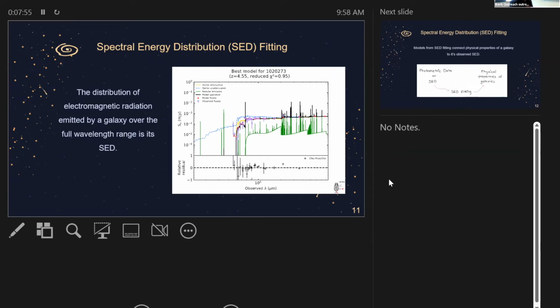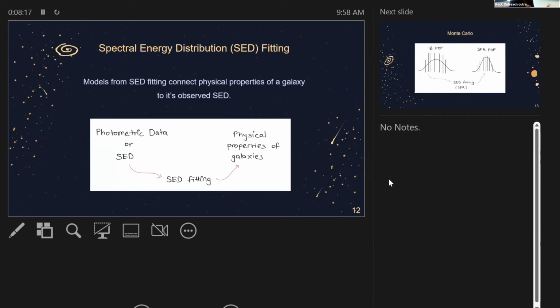This plot is generated using CIGALE, which is the software I use to do SED fitting. The purple points are the observed data points, and the green and the blue parts are the contributions from different physical processes that take place in the galaxy. So basically, SED fitting helps us go from our photometric data to the physical properties of galaxies, such as star formation rate and stellar mass.